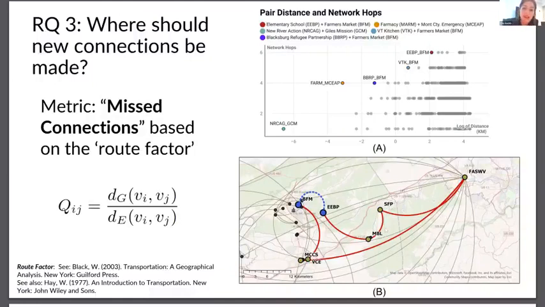So it takes 6 hops in the social network for them to reach each other, even though they're very close. We also found that the Blacksburg Farmers Market and the Virginia Tech Kitchen had a lot of hops between them but were very close in geographic space. And finally, the Blacksburg Refugee Partnership and the Farmers Market were also very close in geographic space, but they had to go through 4 different connections to get to each other.